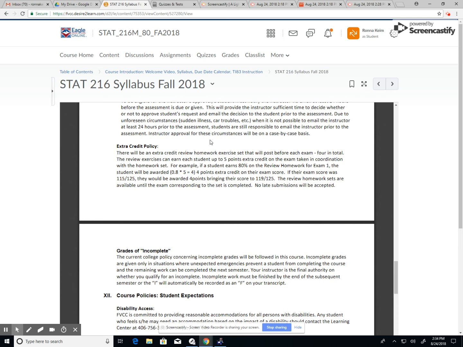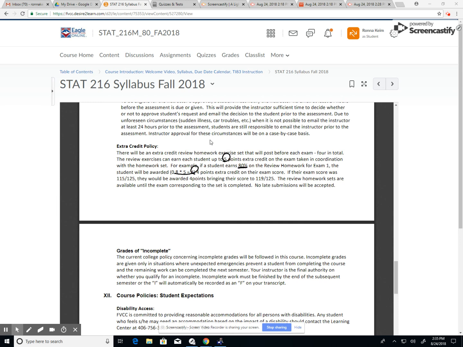Extra credit, there will be 4 extra credit homework assignments. They are review assignments for each of the exams, and that extra credit will take the form of extra points on your exam score. So if you look here, if you earn an 80% on the review homework for exam 1, and the max extra points you can get for extra credit is 5 points, I would give you 4 points extra credit on your exam score.